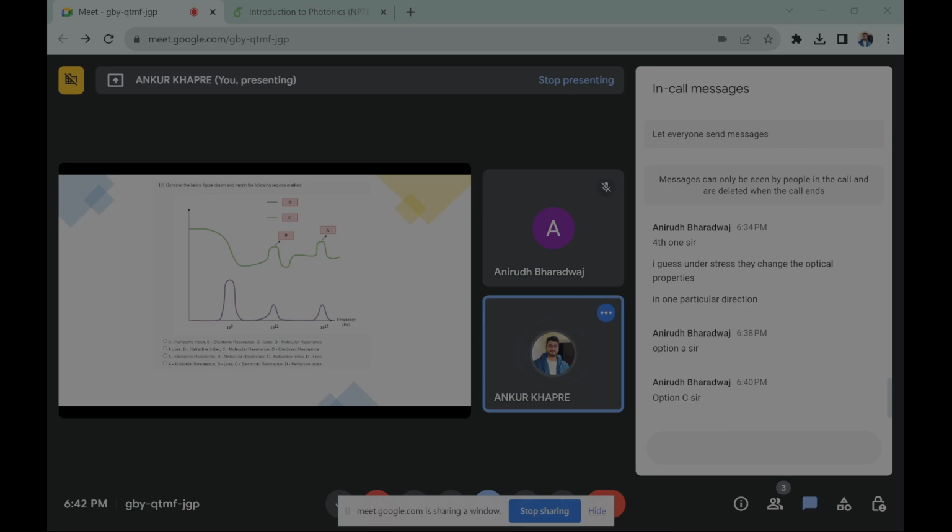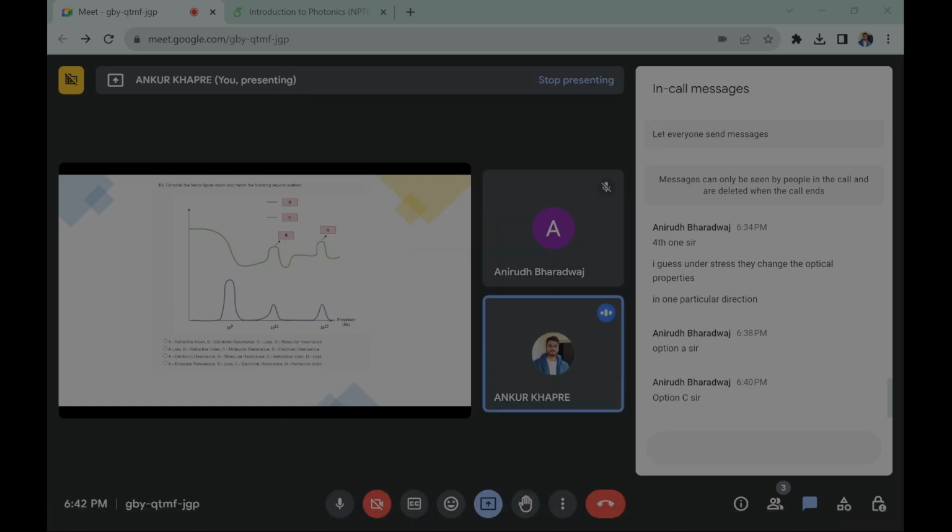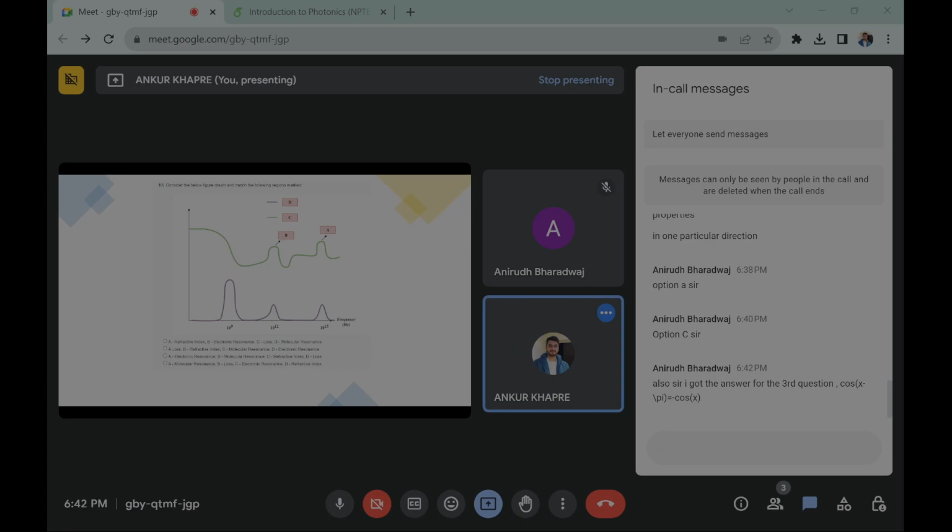Option C you are telling me: A is electronic resonance, B is molecular resonance, C is refractive index, and D is loss. Yeah, you are correct. Option C is the correct answer for this. So this was the last question. Now, if you have any doubts, you can text me.